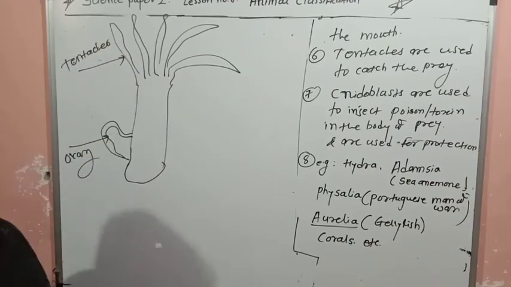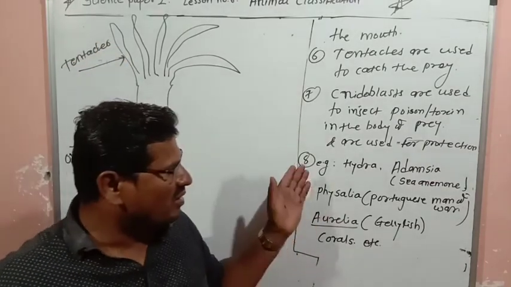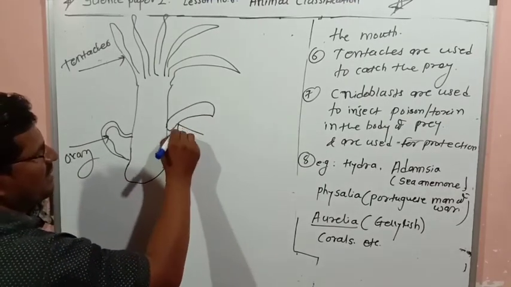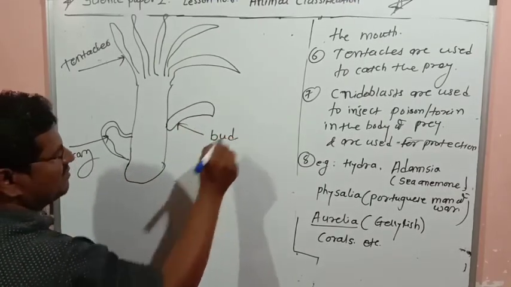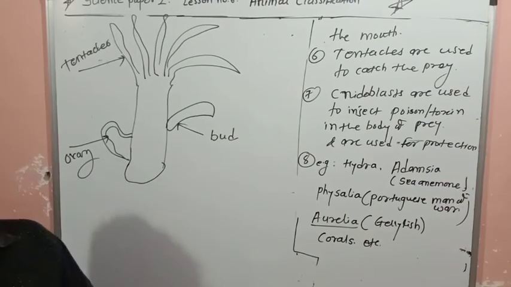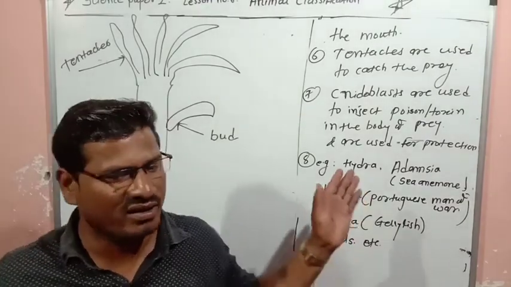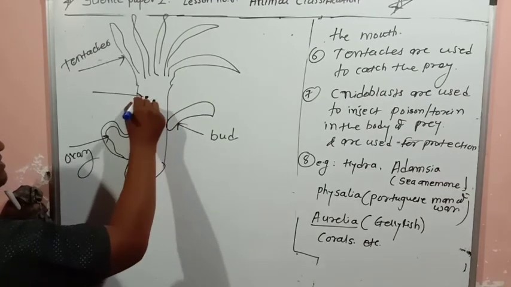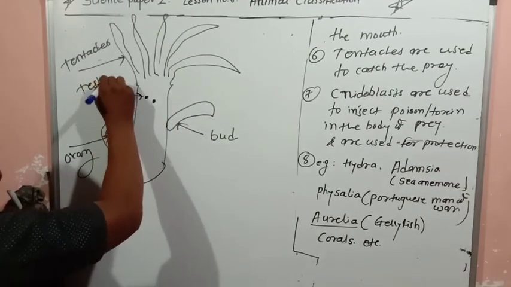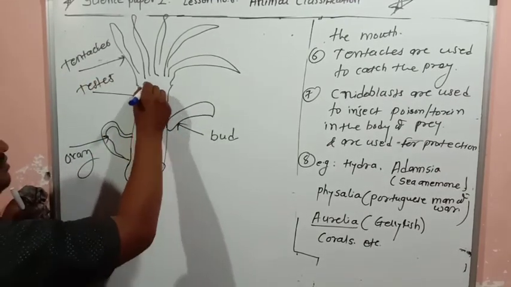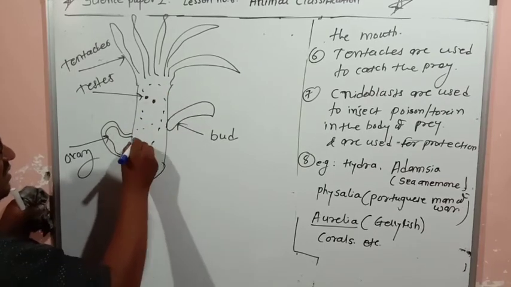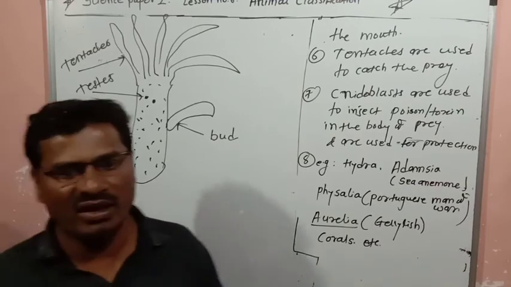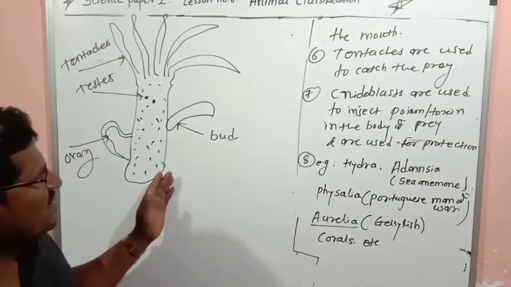Next, bud also you can show here. And here testes you can show. So hydra's body will be like this, and you can draw it very easily.